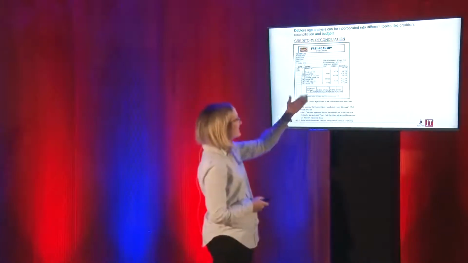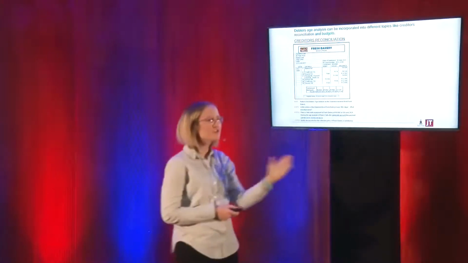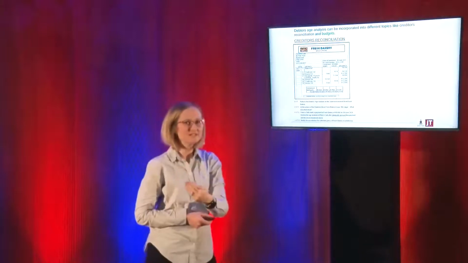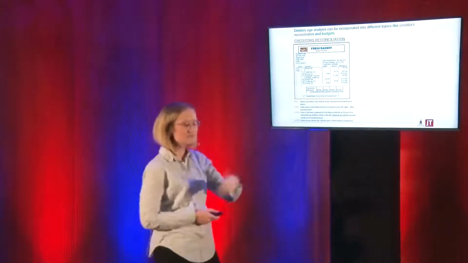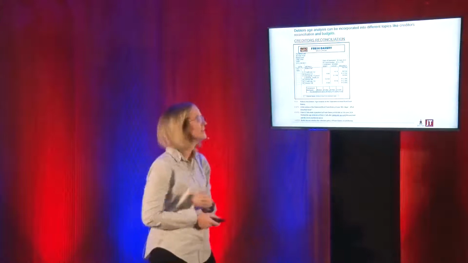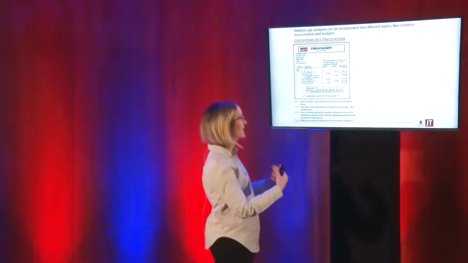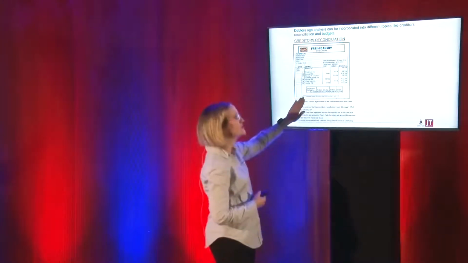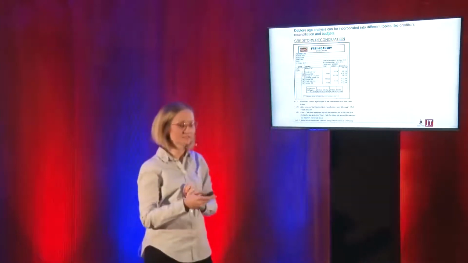So what happens in this example is I first need to correct the statement, do the reconciliation, and then after we've done that, we need to draw up a new age analysis.